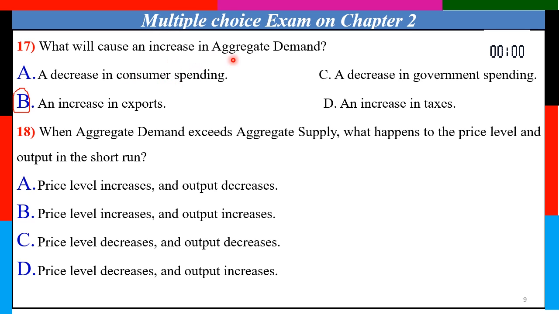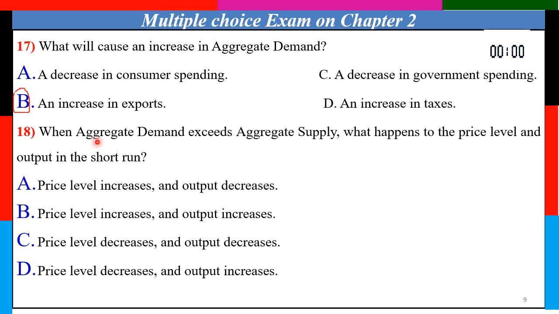So, not increasing. Again, when the government spending is decreased means aggregate demand is also decreasing. An increase in tax means it causes the aggregate demand decrease, not increase. In fact, of this one, the right answer is what? Increase net exports, increase the aggregate demand.